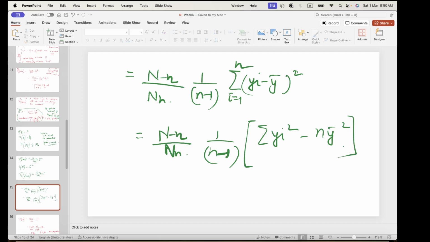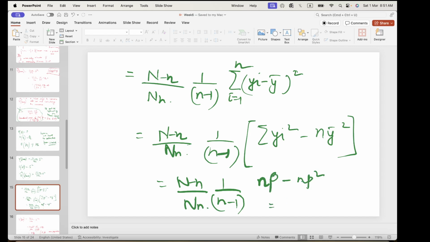So this thing is P and this is also P. So we'll have (N minus n) by (N n), 1 by (n minus 1), n into P minus n P square.